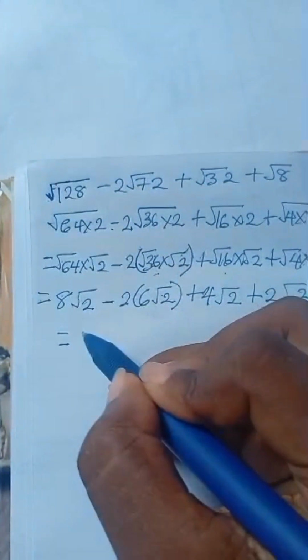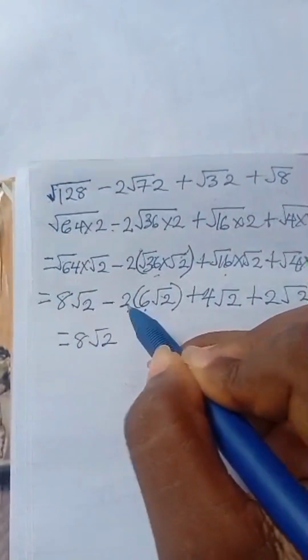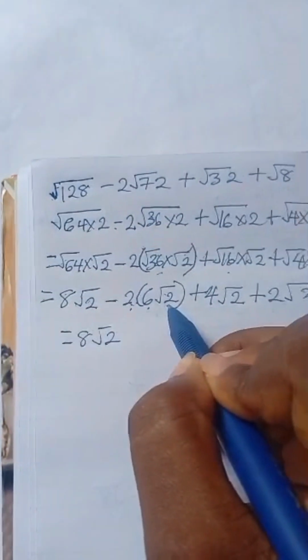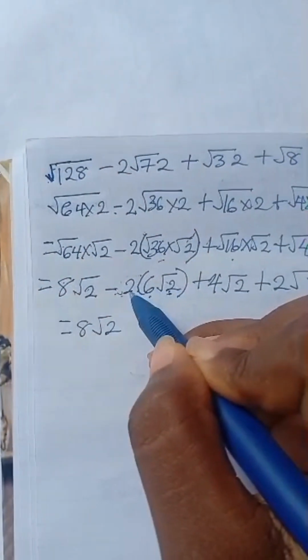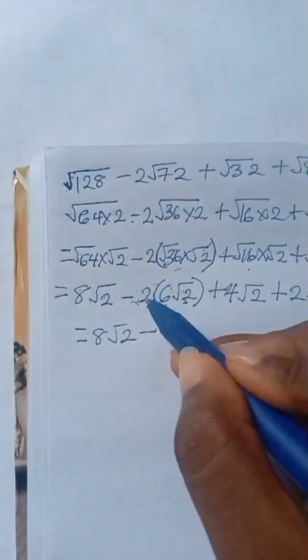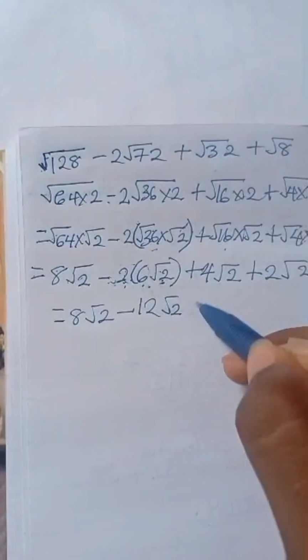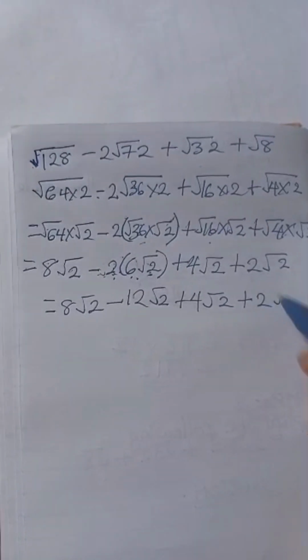That equals 8 root 2. This 2 outside will multiply with this. It can't multiply the root sign. It's only a root sign that can multiply a root sign. If it was root 2 outside, it would only multiply this one. But since there's no root sign, it's a plain number, it will multiply the plain number. So minus 2 by 6 is what? 12. Root 2 plus 4 root 2 plus 2 root 2.